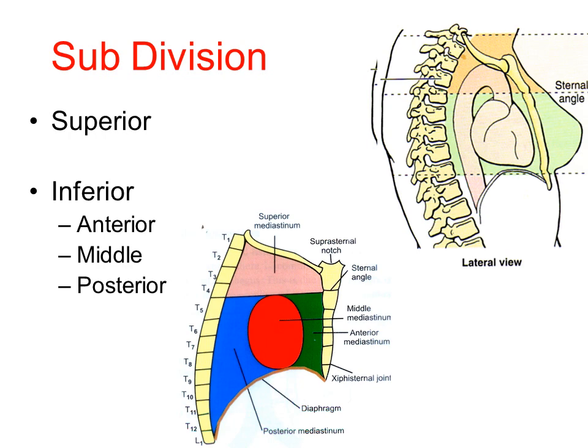In this diagram given below, we have labeled the superior mediastinum, which is the pink color space, the green color space is the anterior mediastinum, the red space is the middle mediastinum, and blue is the posterior mediastinum.